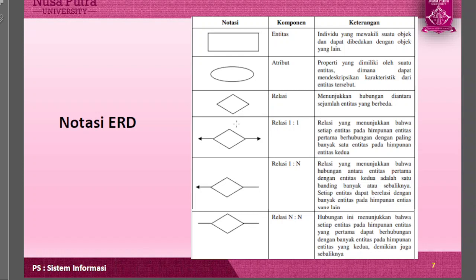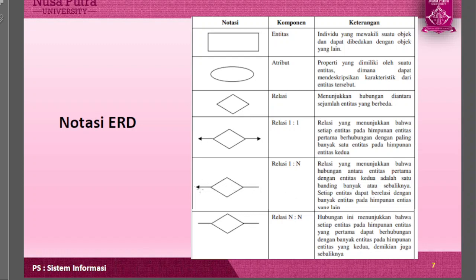And for the relation, there are three kinds of relation. Firstly is one to one. The symbol for one to one is like this, like an arrow. The meaning is one to one, one to zero, one to many.